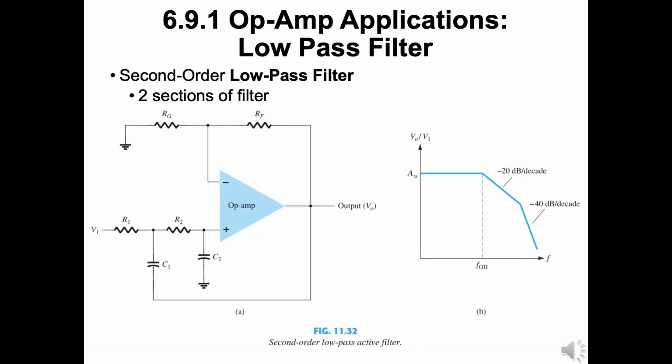The circuit voltage gain and the cutoff frequency are the same for the second-order circuit as for the first-order filter circuit, except that the filter response drops at a faster rate for a second-order filter circuit.